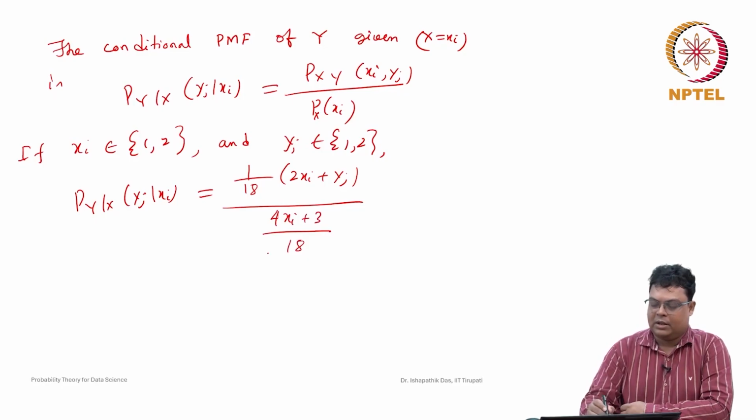So the 18 is cancelled, and we get (2xi plus yj) by (4xi plus 3).